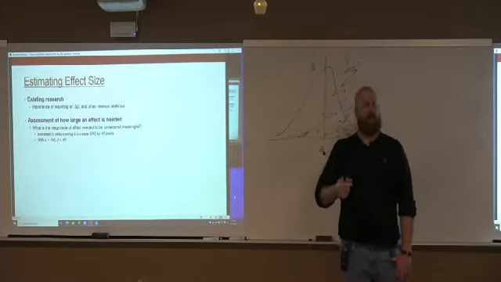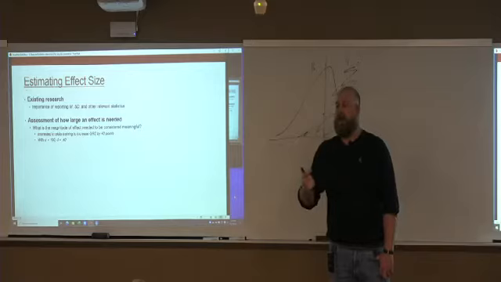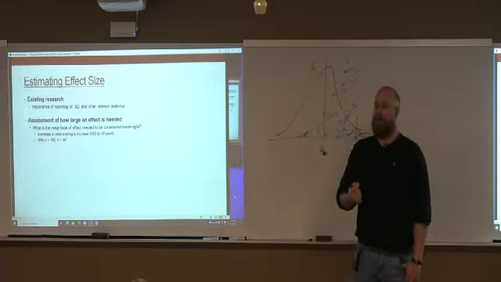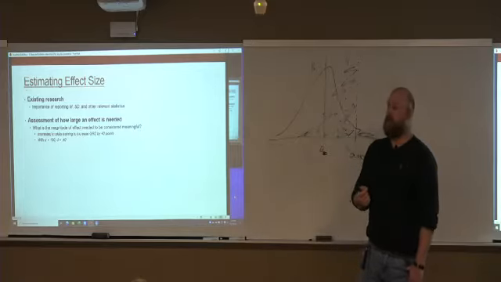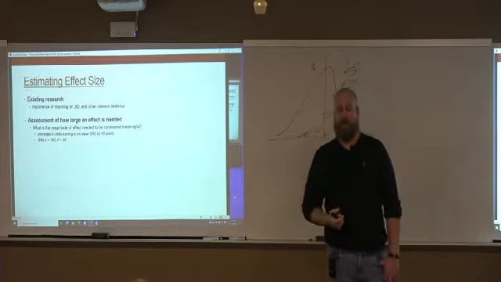If this is going to be effective, I need to be able to capture an effect size of 0.4. So I'm going to power my study to detect an effect of 0.4.